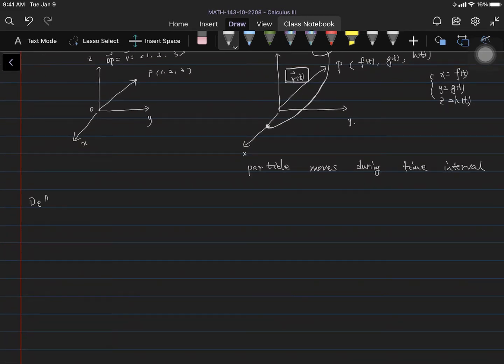Now let's take a look at the definition. Right now we have x equals f(t).